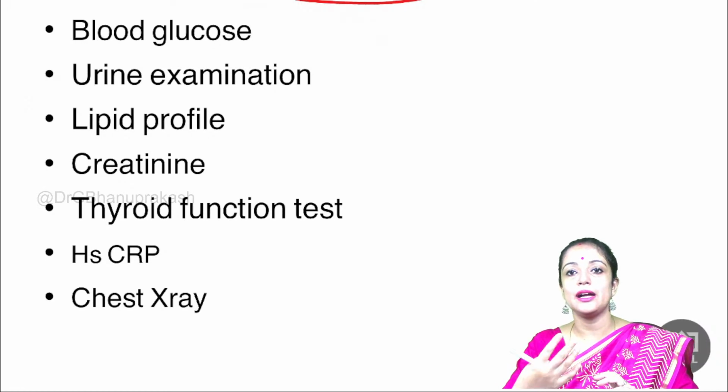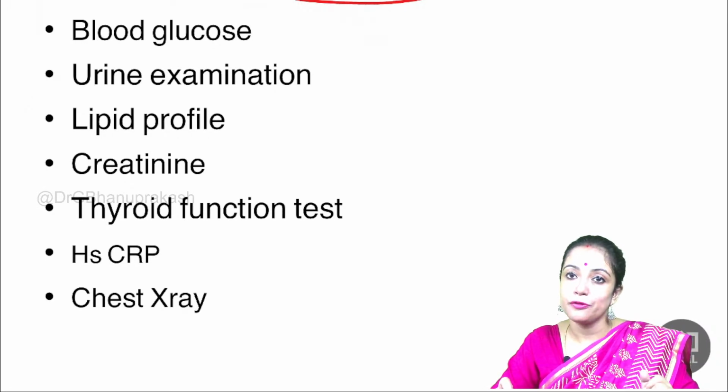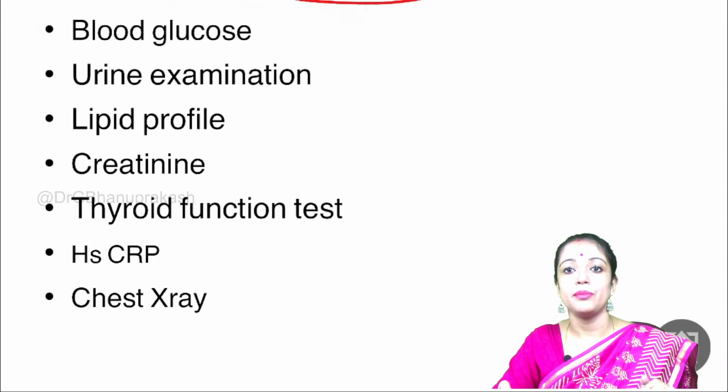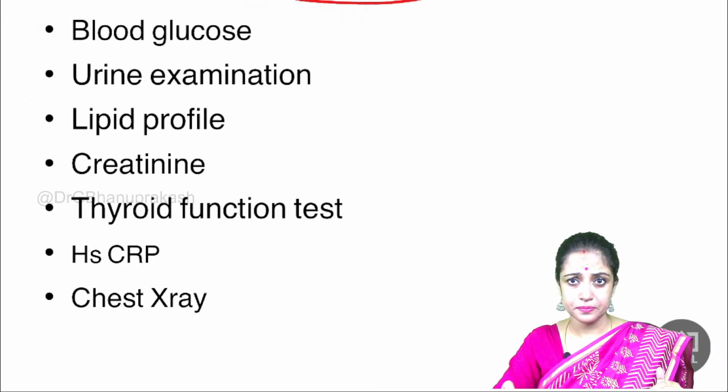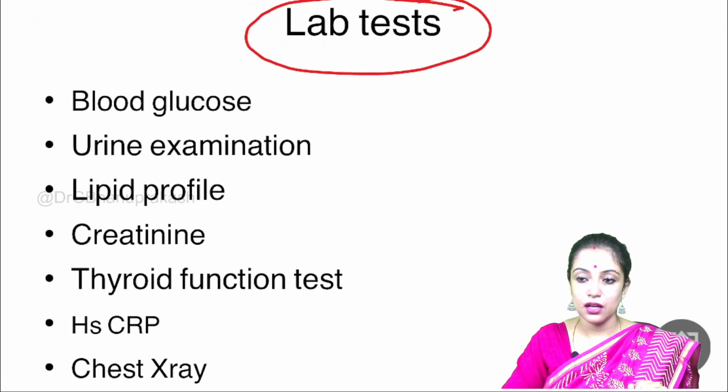Now we need to do certain lab tests also to identify if the patient has risk factors for the development of coronary artery disease. Because we need to take care not only of the disease per se, but of the risk factors as well. So we will do these lab tests.